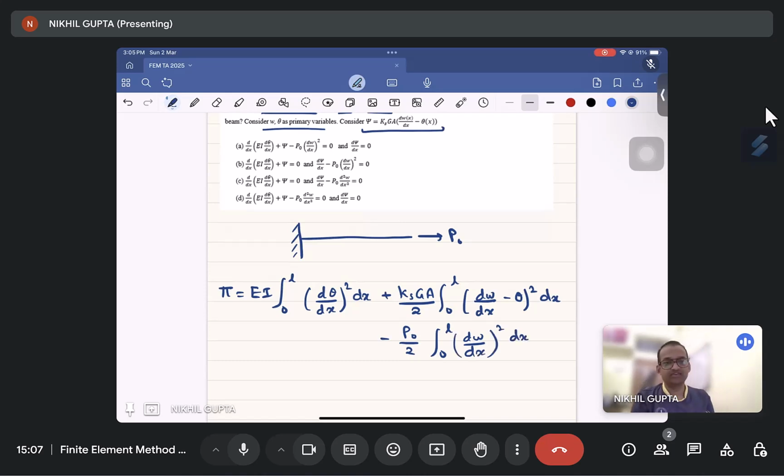This potential energy function we have already studied in our class, so I have directly written it from there.